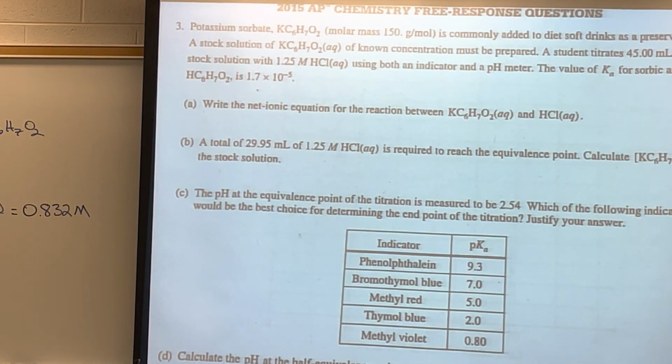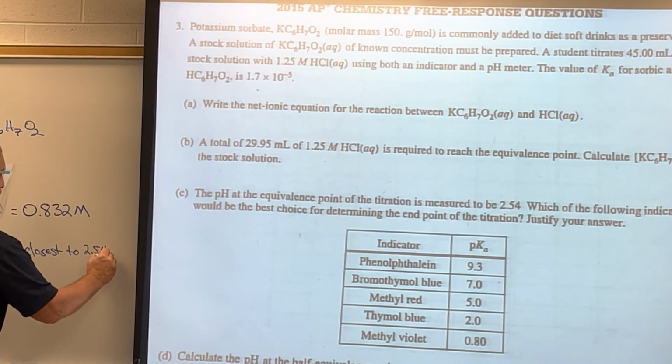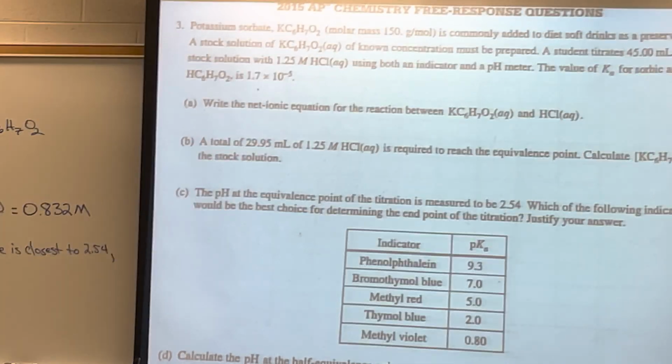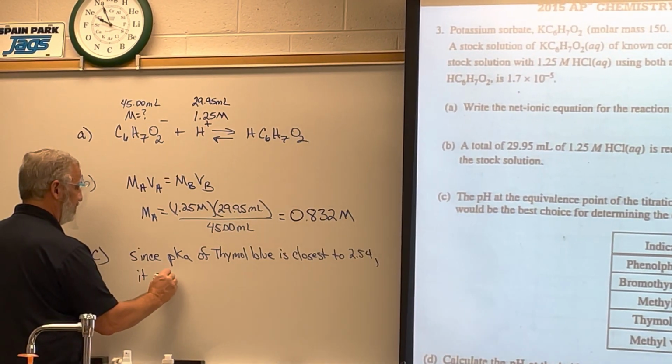So C, since the pKa of thymol blue is closest to 2.54, right, it would be the best indicator.